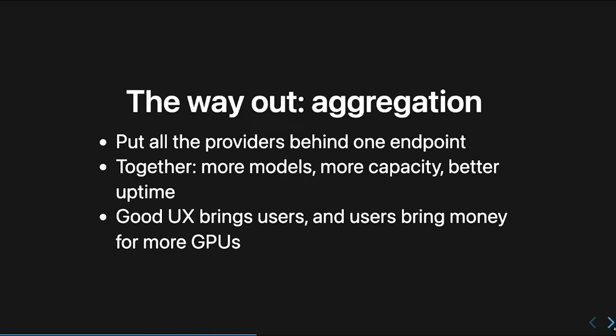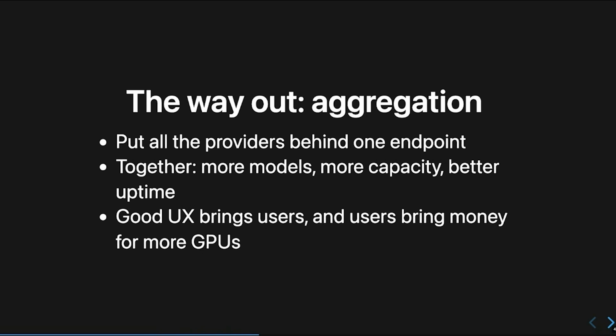So one way to get out of it is that we can try to aggregate, just like how we have aggregators for non-TEE models. If you go to OpenRouter, they have roughly close to 100 providers. You send a request to OpenRouter, and OpenRouter just tries to figure out who has the capacity, who can give you the best results, and then routes your traffic to that.